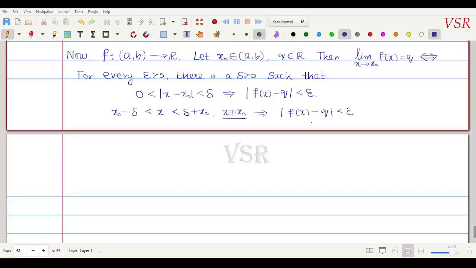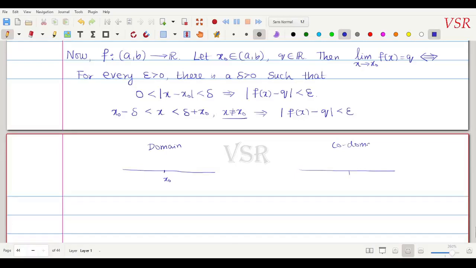Now what does this mean geometrically? This is the picture. Okay, this is my point x naught, and this is my point q, a real number. This is the domain, and this is the codomain. If you want, this is my domain a b.